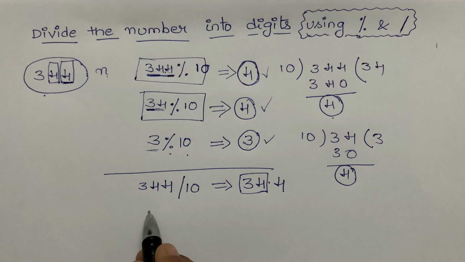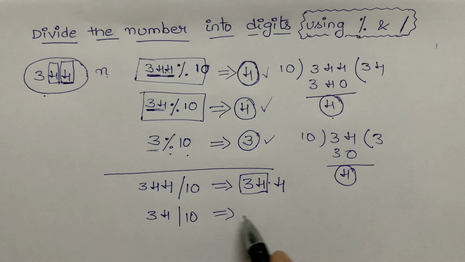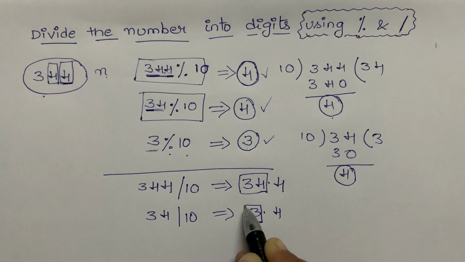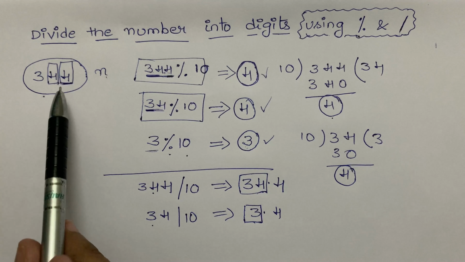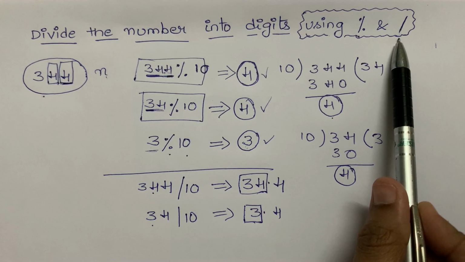And now 34 divided by 10. The result will be 3.4. Answer will be 3. So this is the way we get 34 from 344 and 3 from 34. So now with this video we are clear that we can divide the given number into digits using modulus and division operators.